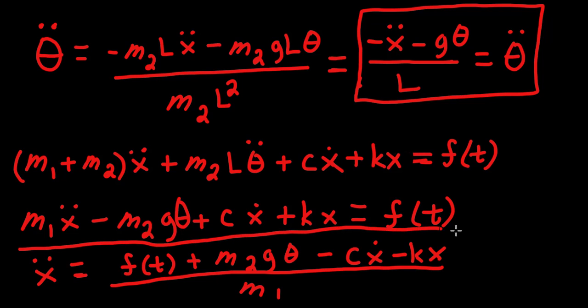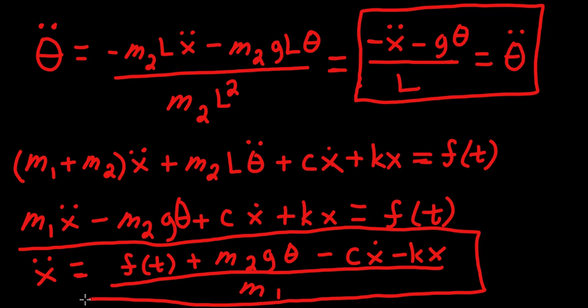Now this expression is actually very nice because it is in terms of all the lower order terms, right? Theta double dot does not appear in this expression, so this is the final expression that we're going to use for x double dot. And now we can substitute this back into this guy up here, so we can get theta double dot in terms of the lower order terms.